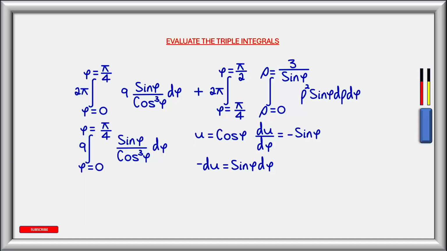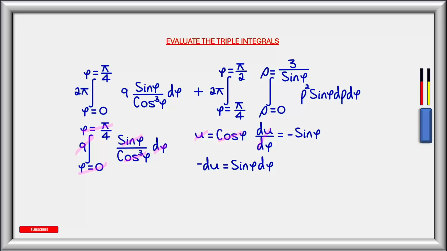So now if we work on the middle integral on the left-hand side of the plus sign, we have 9 multiplied by the integral from phi equals 0 to phi equals pi by 4 of sine phi divided by cos cubed phi d phi. Now to evaluate this, we're going to make a substitution. So we're going to let u equal cos phi.